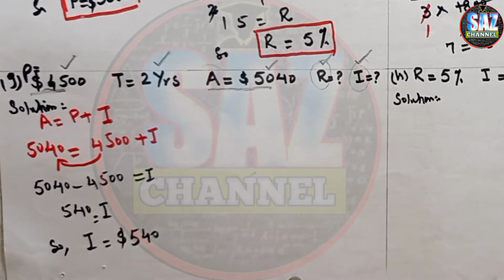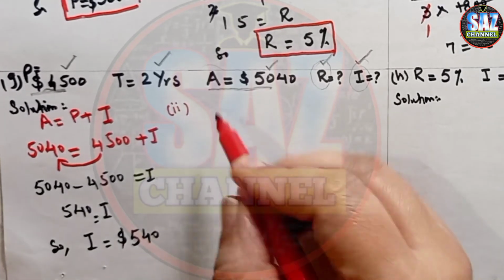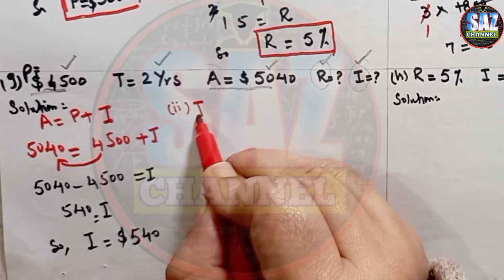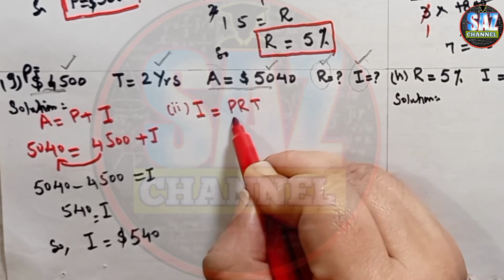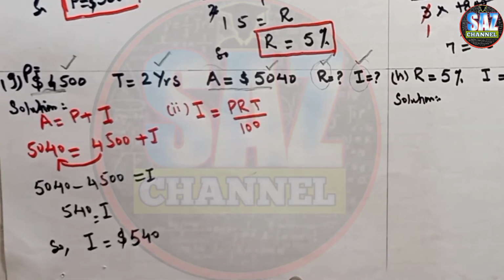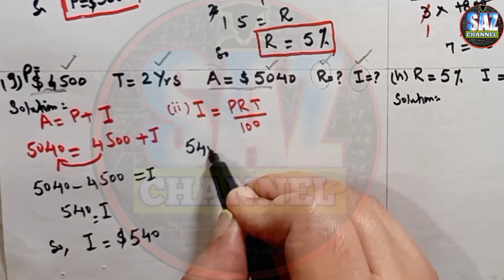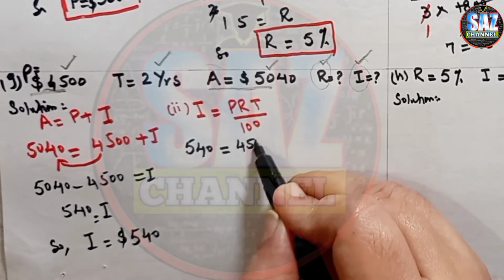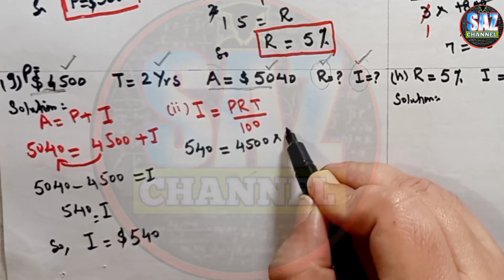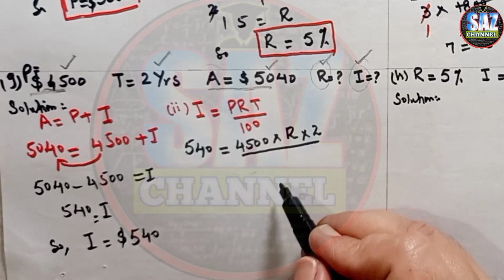Now the second requirement of the question is to find the rate. Again, we know the formula for simple interest is I equals PRT upon 100. Now instead of I, I have to replace 540. So 540 equals principal 4500, rate unknown, time 2 years, upon 100.